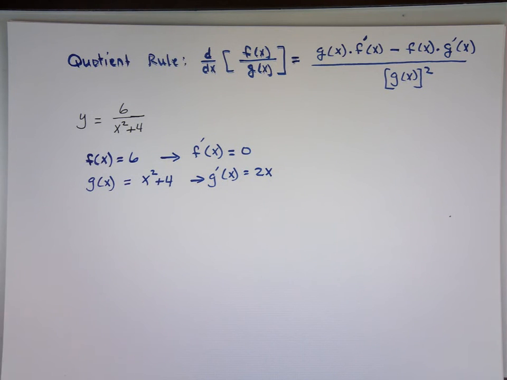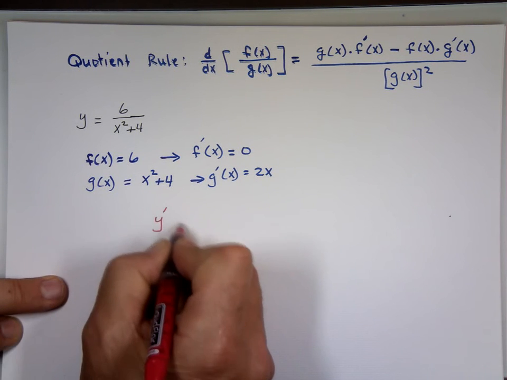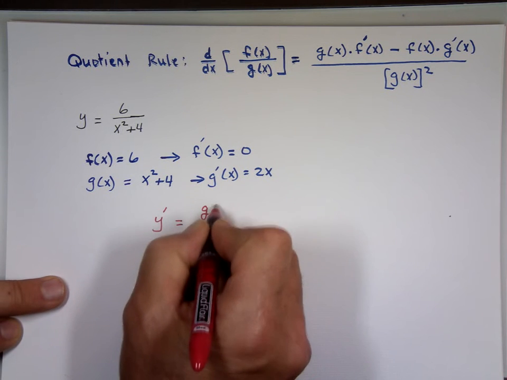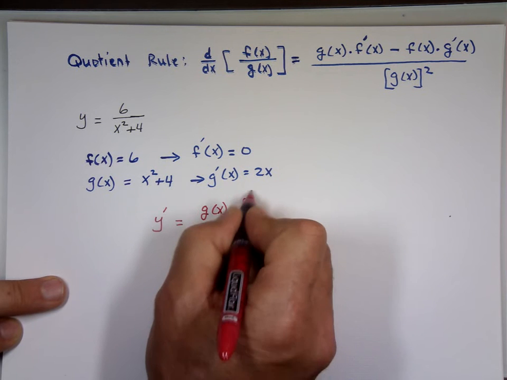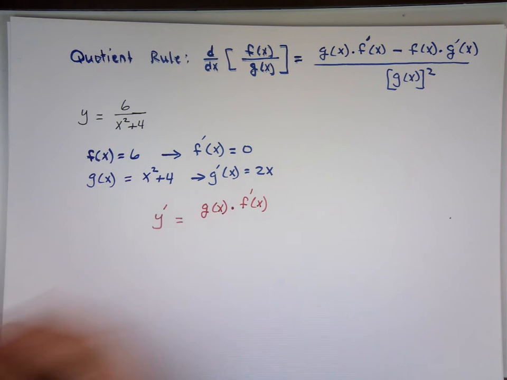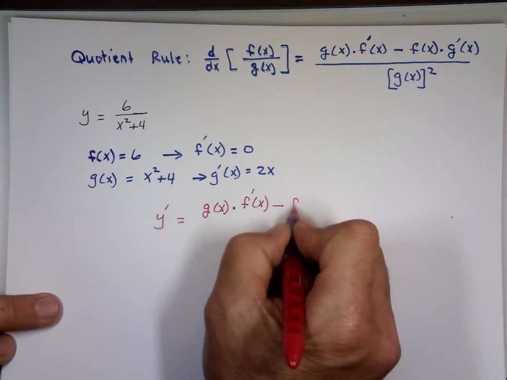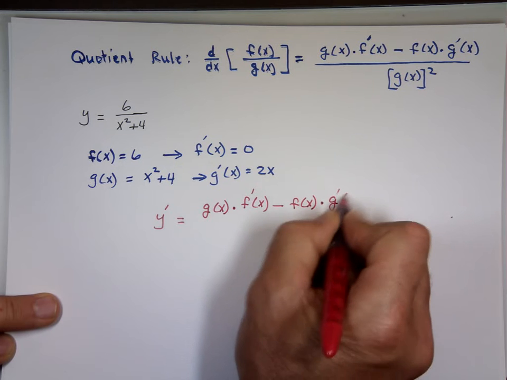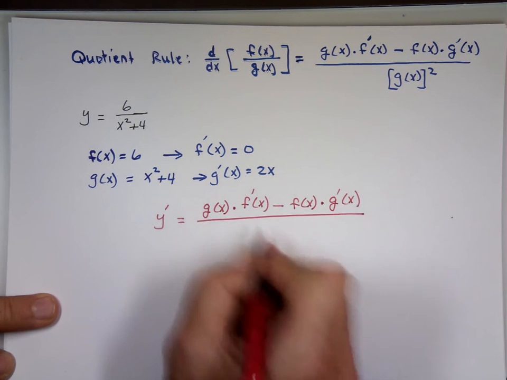Again, the derivative is going to be, what is it, low d high, so the low, which is g of x, times the derivative of the top, the high, minus high d low, f of x, times the derivative of the bottom, all divided by the square of the bottom, or the low.